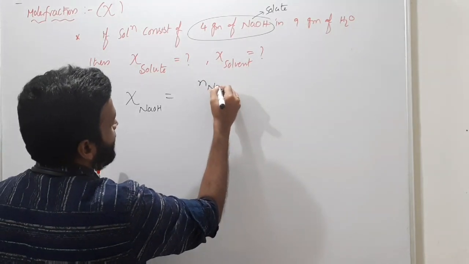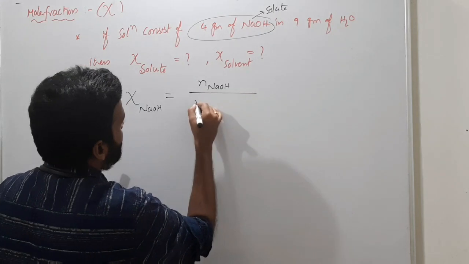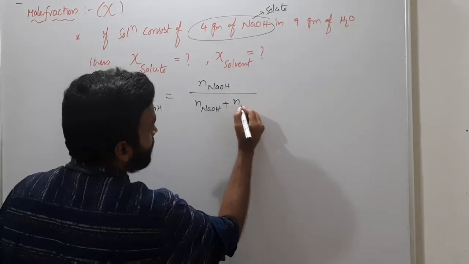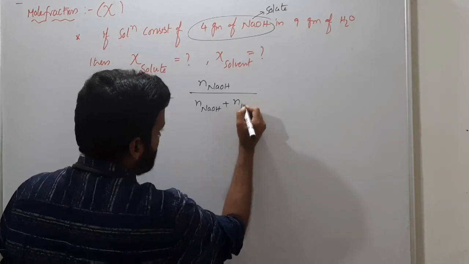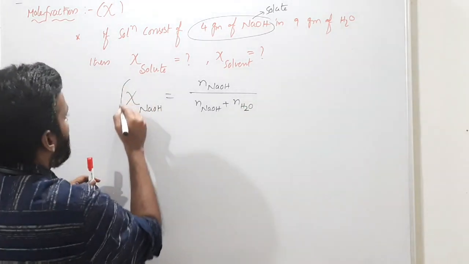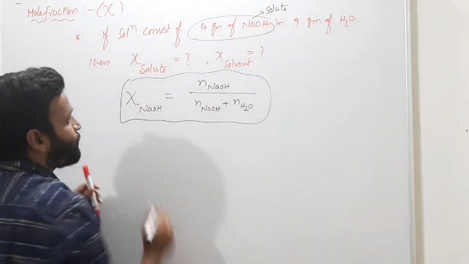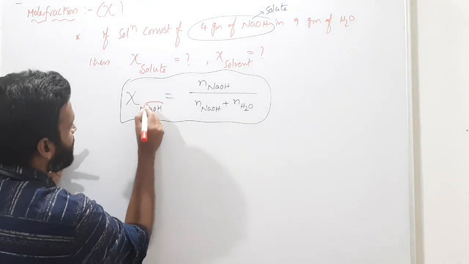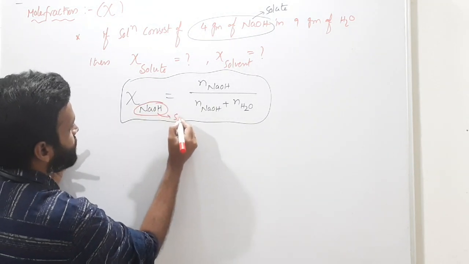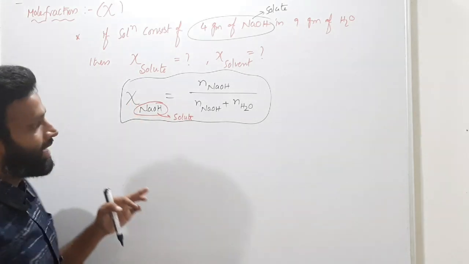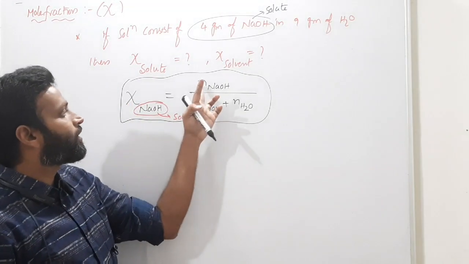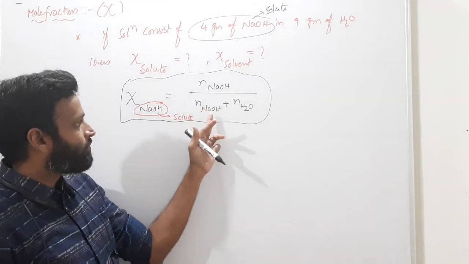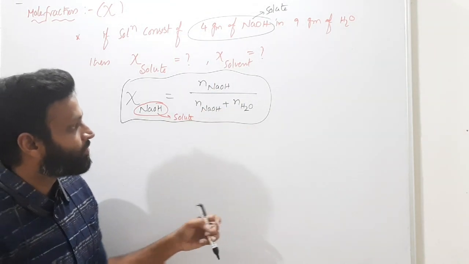Number of moles of NaOH divided by number of moles of NaOH plus number of moles of water. NaOH is the solute, so mole fraction of solute equals number of moles of NaOH over number of moles of NaOH plus number of moles of water.